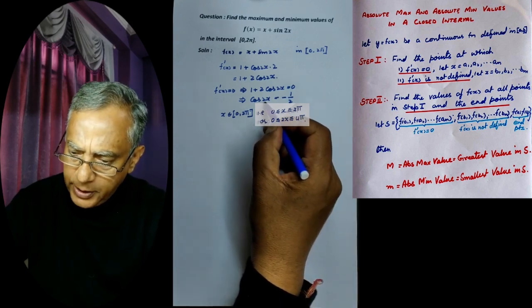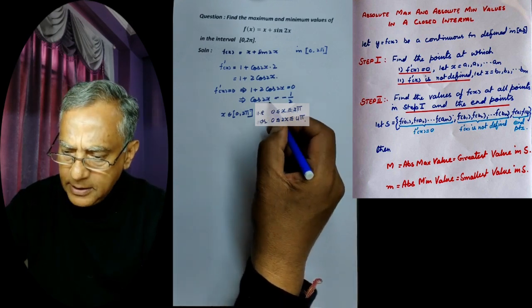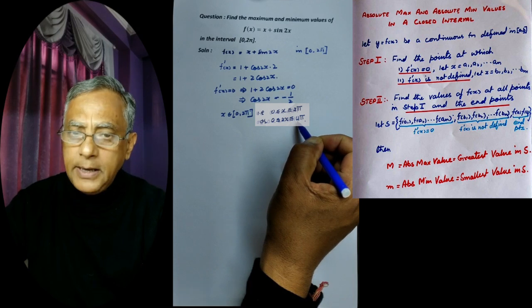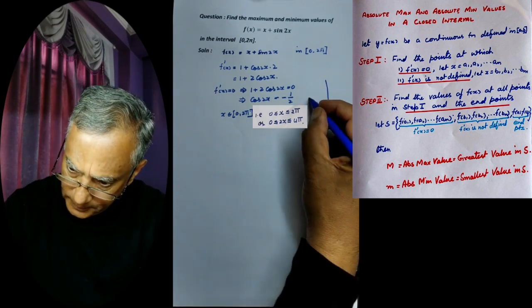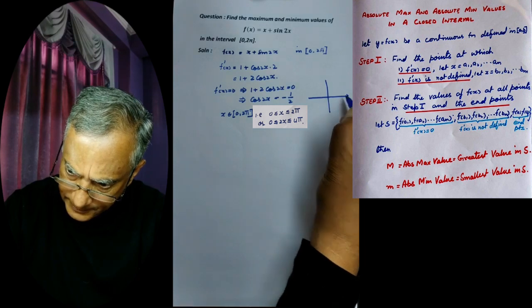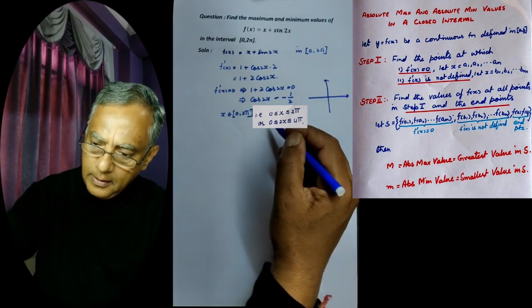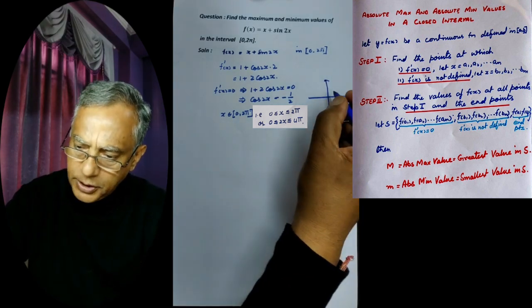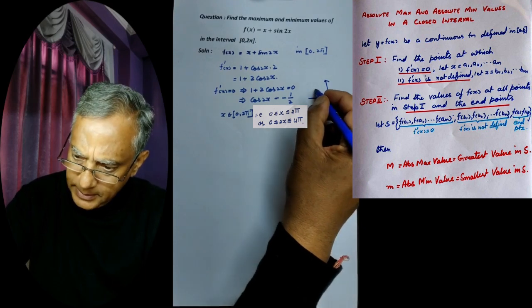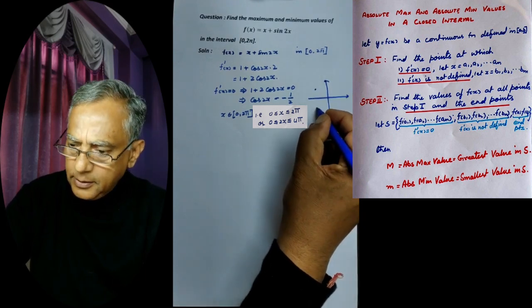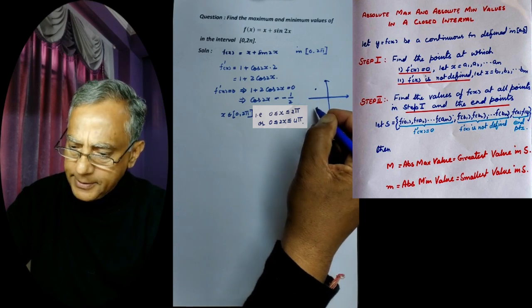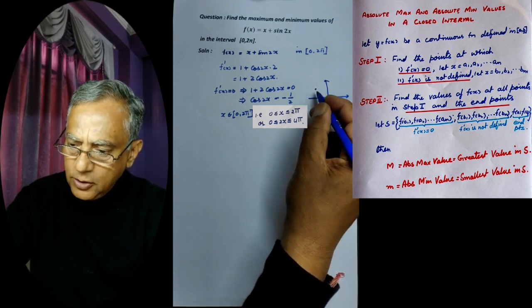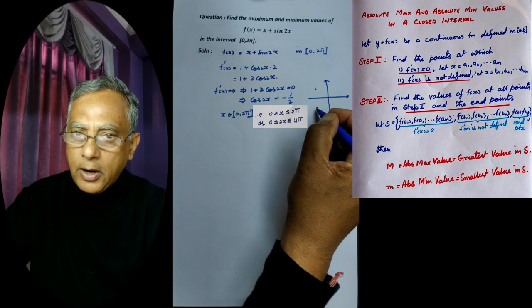So we have to take values of 2x which lie between 0 and 4 pi. Now these are the coordinate axes. Cos is negative in the second and third quadrants. So we have to take the values from the second and third quadrants.